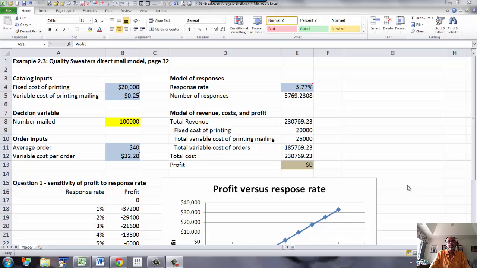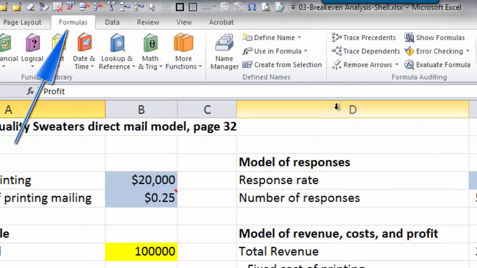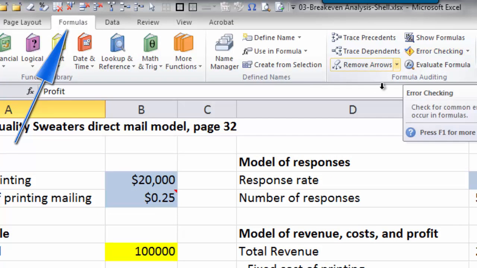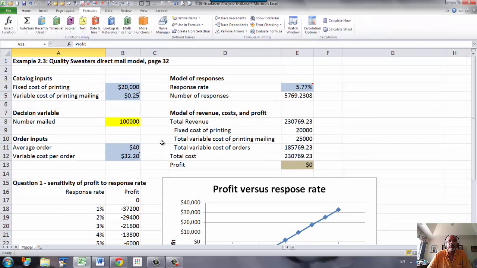Now let's look at one more command. Now let's look at what are called trace precedents and trace dependents. And this is useful when you have an error in the model and you want to figure out what's going on and where the error is and how to fix it.